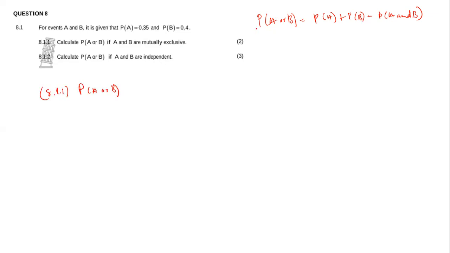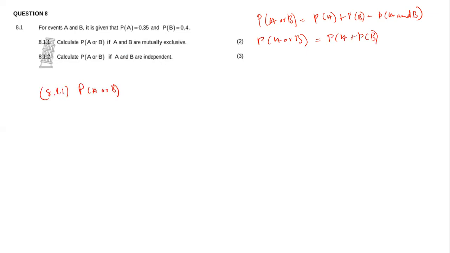That means when the events are not exclusive, we can use this formula. But when the events are exclusive, probability of A or B will be equal to probability of A plus probability of B. We do not include the intersection. Our intersection here is 0, because the events are mutually exclusive.